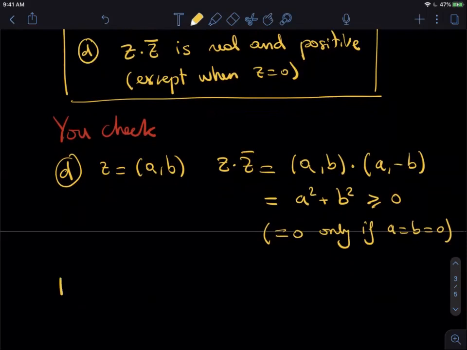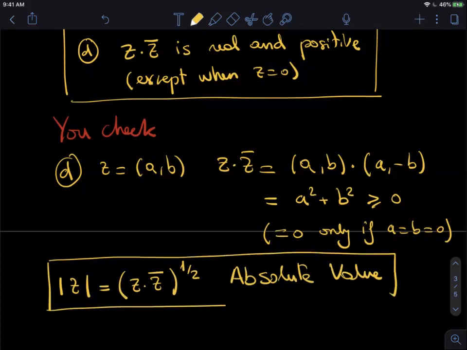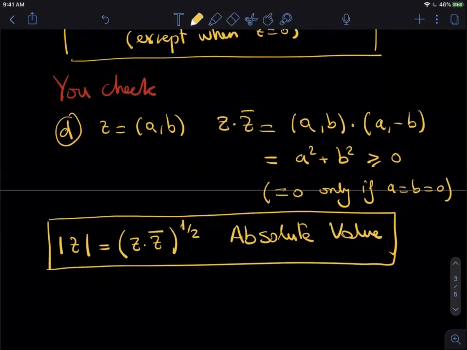We define the absolute value of z as the square root of the product of z times the conjugate. Sometimes this is called the modulus of the complex number z. Both things are correct.